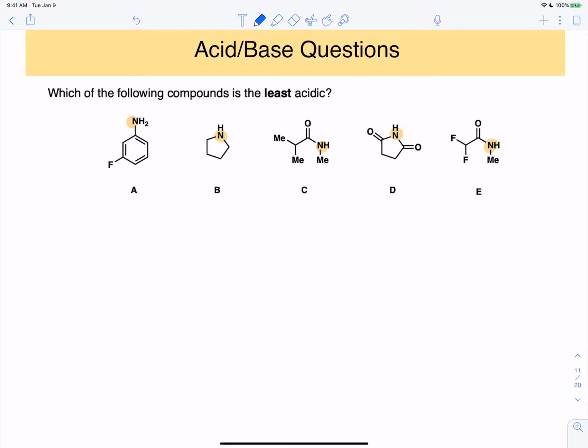So if we deprotonate A, we make an anilide. If we deprotonate pyrrolidine, we make an amide. Amide anions are here. And we have this imide anion as well.